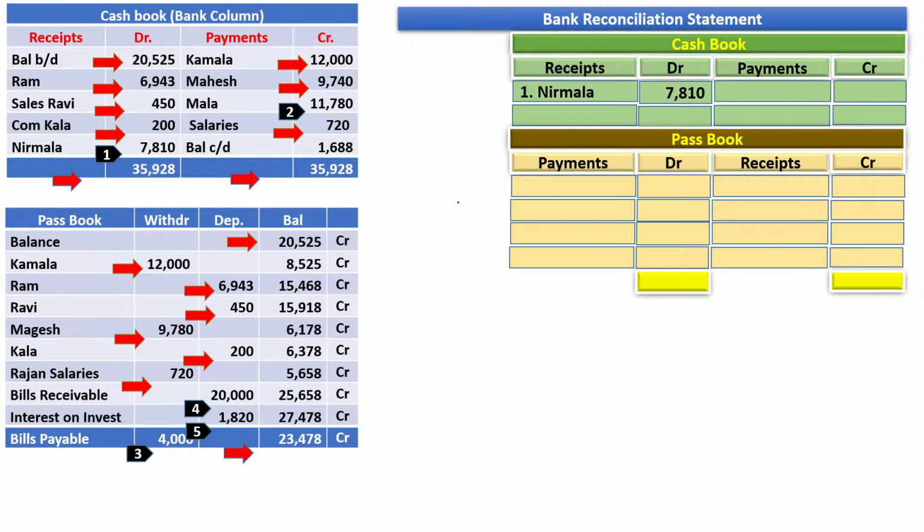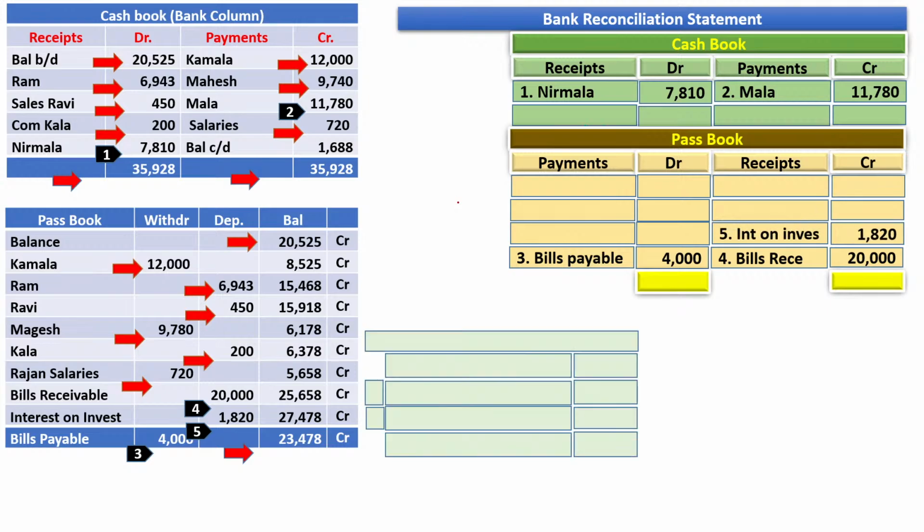One item on the receipt side, 7,810 Nirmala, second being the salaries, third being bills payable, which is the payment side, debit side of the passbook. 4 and 5 are for credit sides, 4 bills receivable, 5 interest on investment. Now what do you do? So you start with one of the balances. If we start with the bank balance and it's a debit, end with the passbook balance.